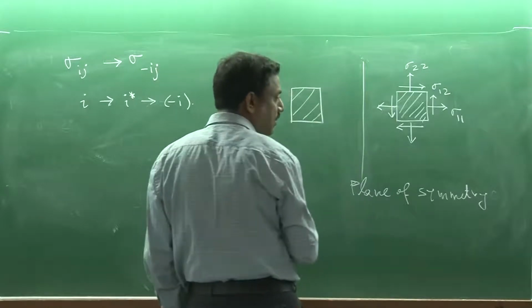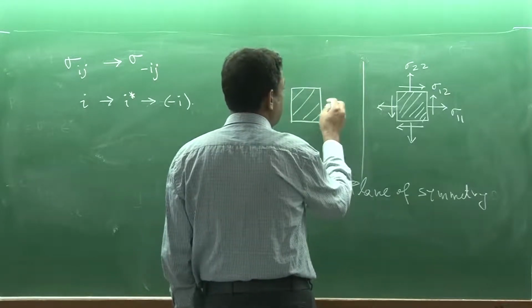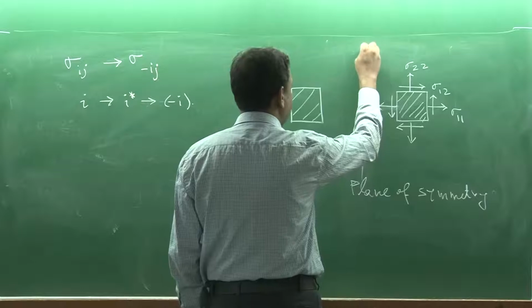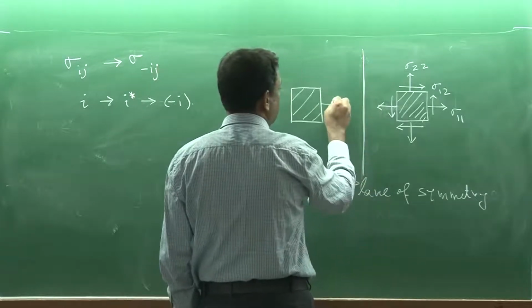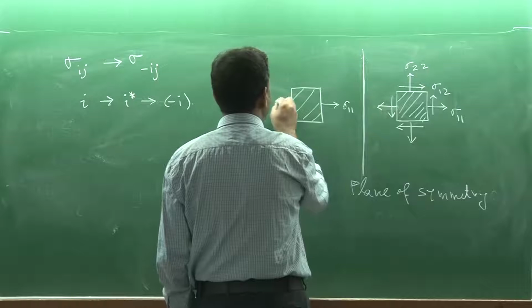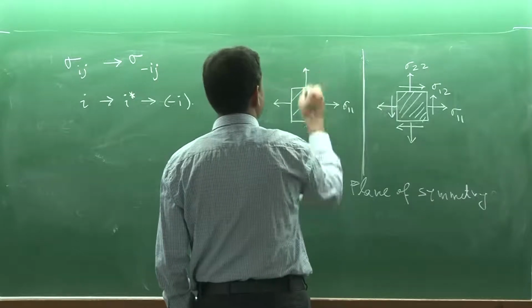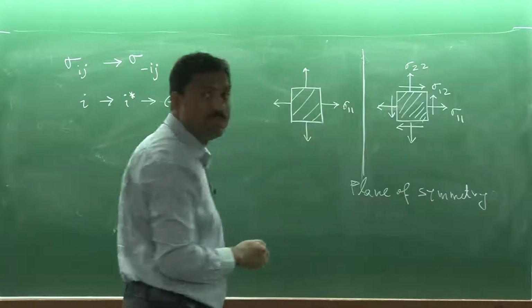So, when I am reflecting this, if it is a plane of symmetry, then sigma 11 and all other normal stresses are not going to change, they are going to be the same, right?